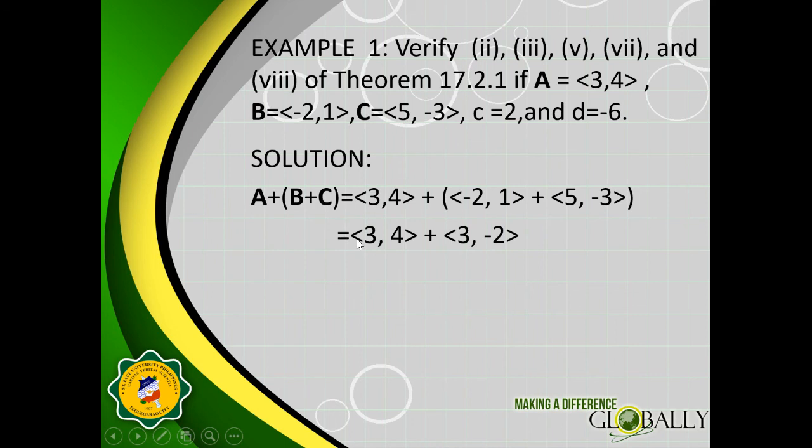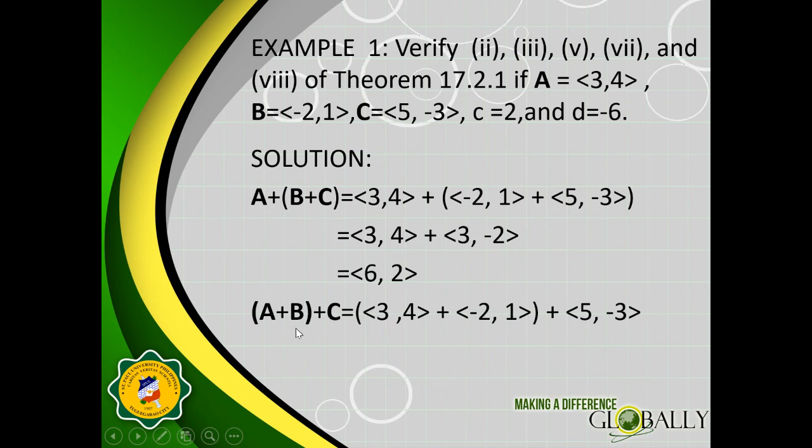So it equals (3, 4) plus (3, -2), which is (6, 2). Next, we calculate the sum of A and B first.